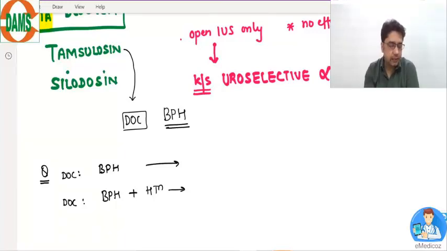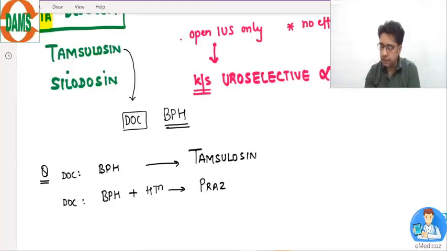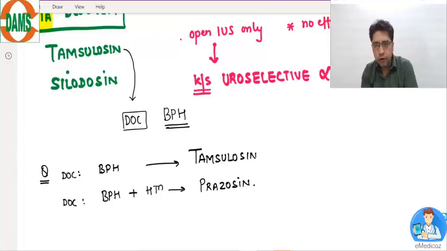Drug of choice for BPH is tamsulosin. And drug of choice for BPH with hypertension is prazosin. Most commonly used drug is this one. I hope you have understood the concept.